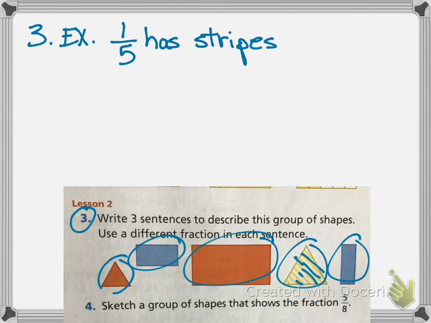I was looking at stripes for this one. So for this one, boys and girls, you're going to need to put 3 more of those. But now, because I chose 1/5, you cannot choose 1/5 anymore. So you have to find something that's 2/5, 3/5, 4/5, or 5/5. And so it could be stripes, it could be something else. So look for what is same and different in all of those. Okay? Pause the video until you have all 3 of your sentences done.